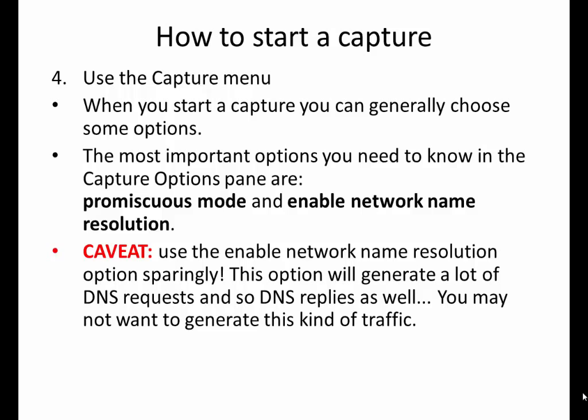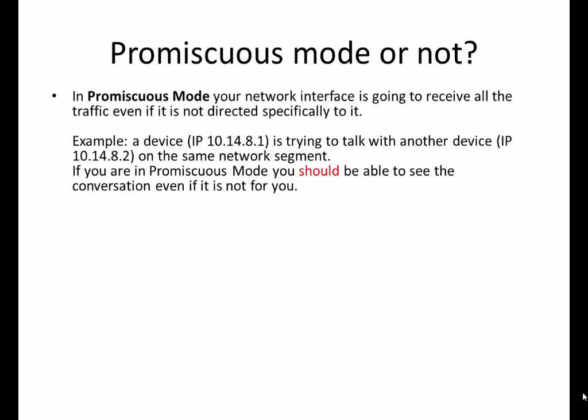So what is promiscuous mode? Is it a good idea to have it on or off? In promiscuous mode, your network interface is going to receive all the traffic, even if it is not specifically directed to that interface.